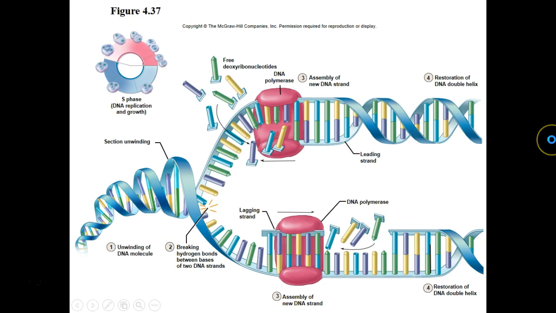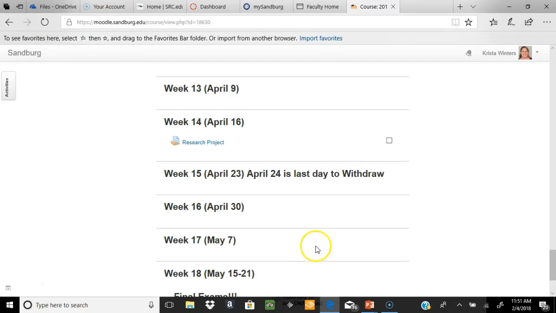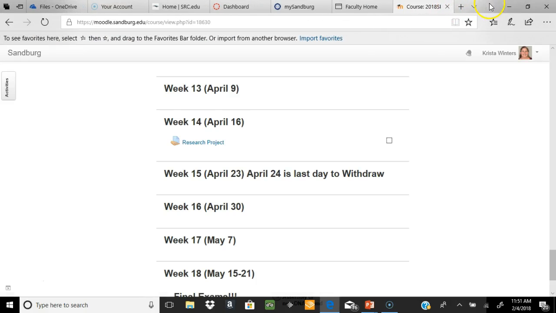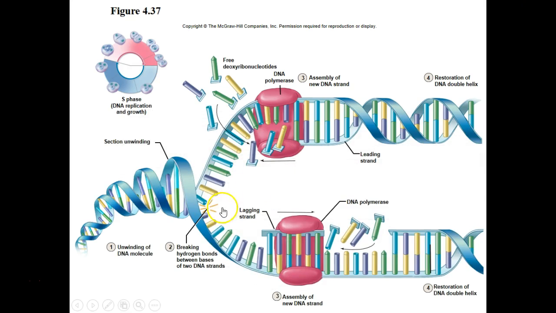So here you can see DNA polymerase bound, and it's running along, allowing the proper nucleotides to bind. And this one is also bound, and it's moving along on this side.